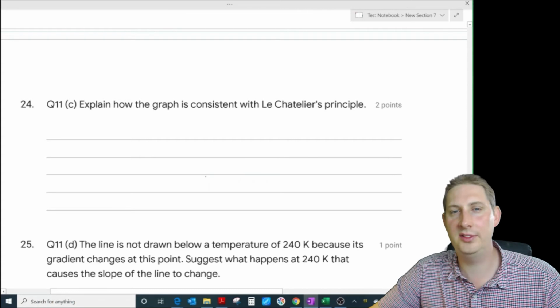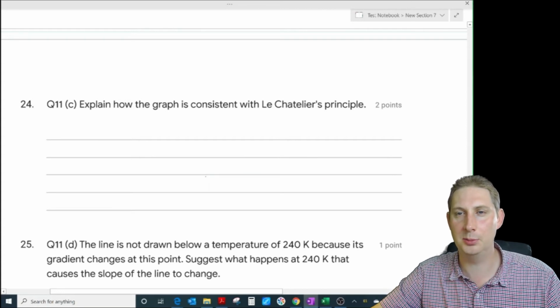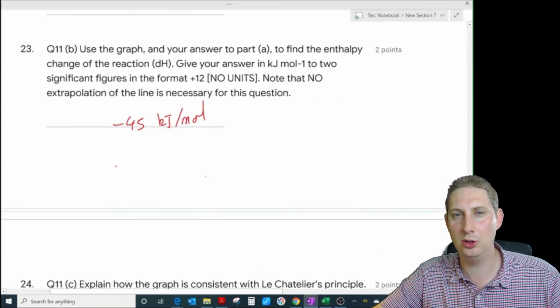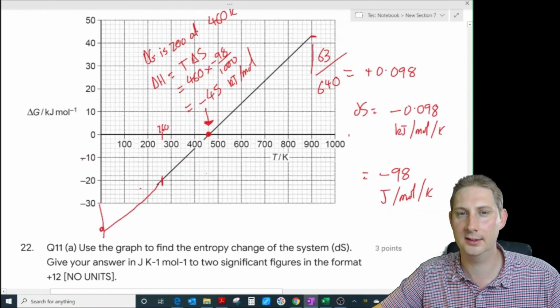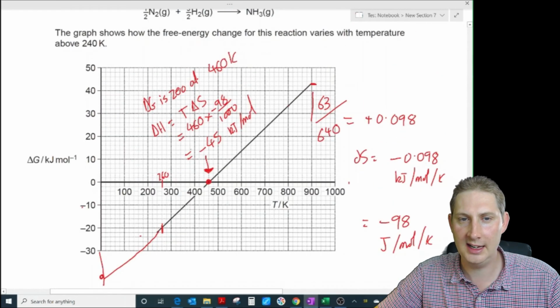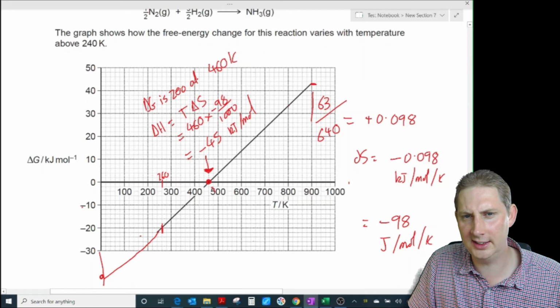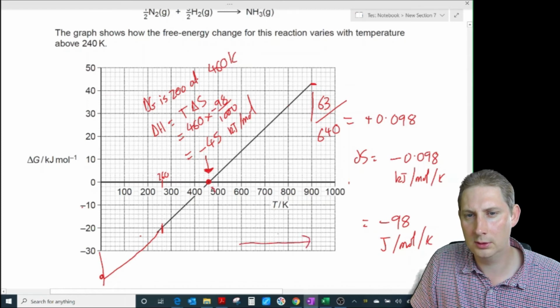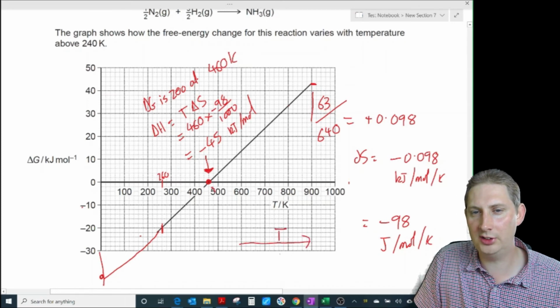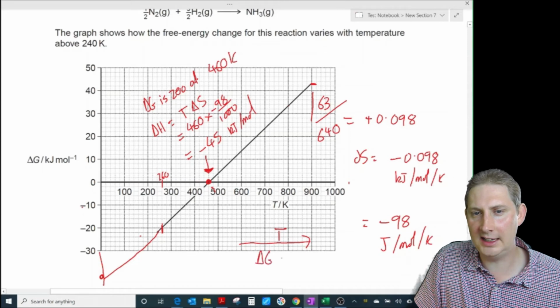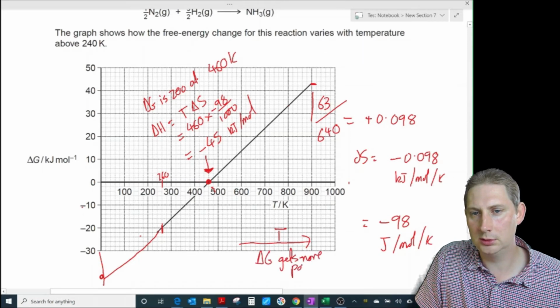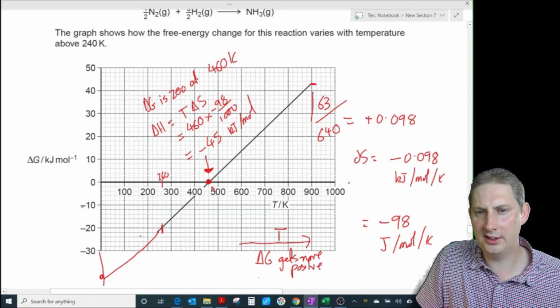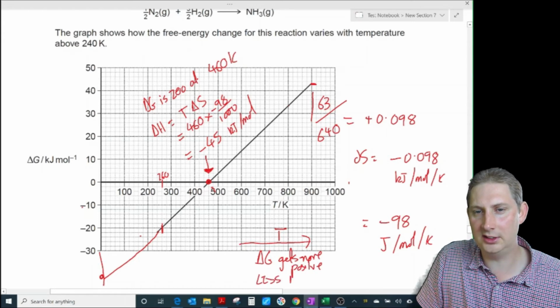Explain how the graph is consistent with Le Chatelier's principle. Okay, very few people got 2 marks out of 2 for this. As you notice here, as the temperature increases, so as temperature goes up, delta G gets more positive. In other words, the reaction gets less feasible.